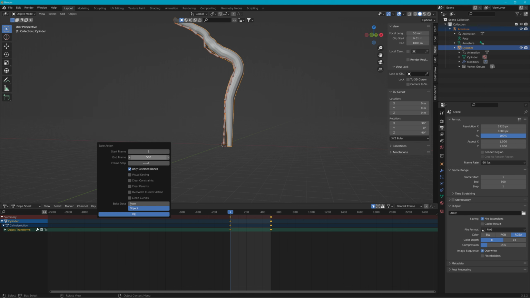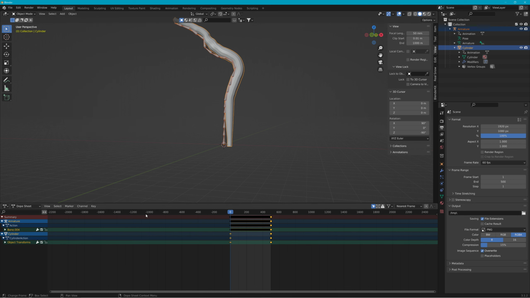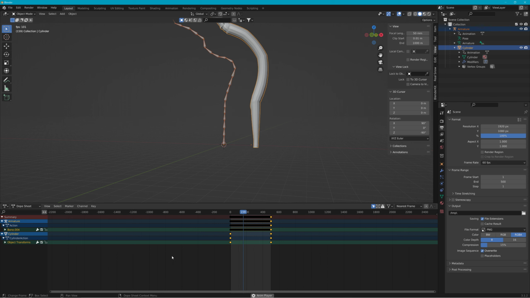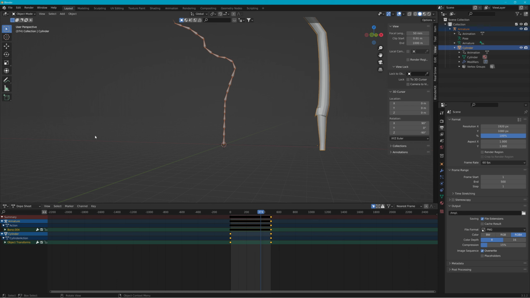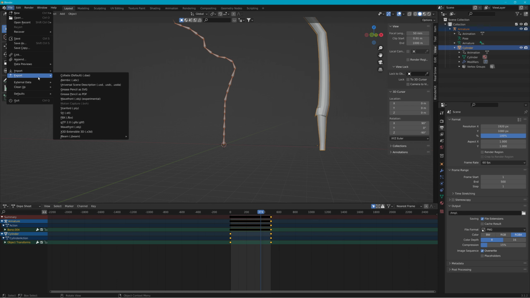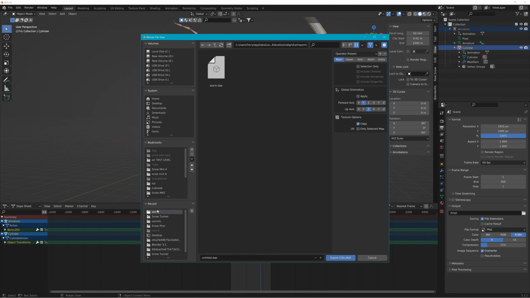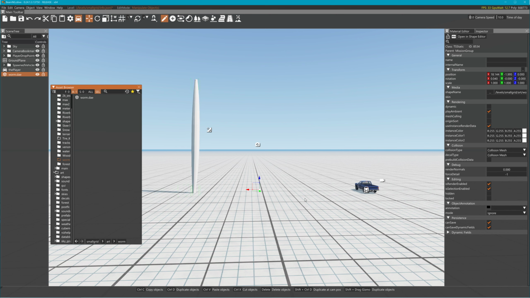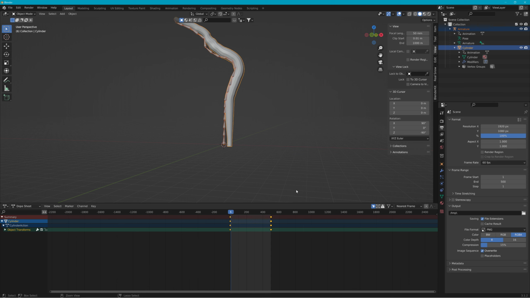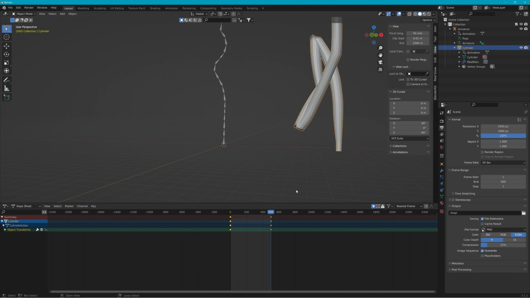Let's bake as pose. Now I realize we lost our animation data. And we still didn't get any movement. I think I got to undo history to get back to where we were.